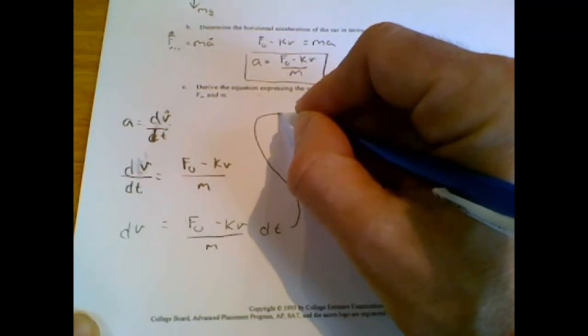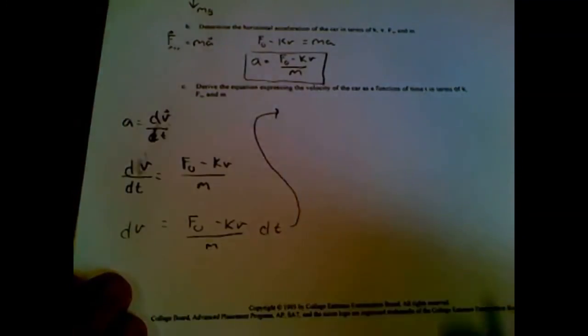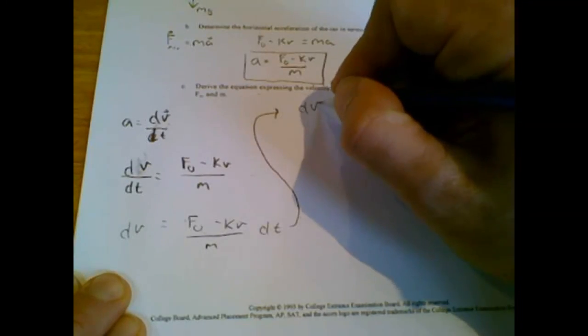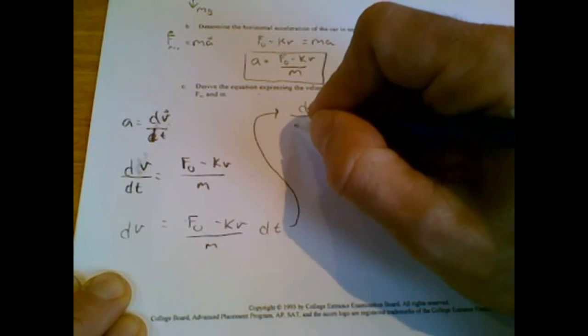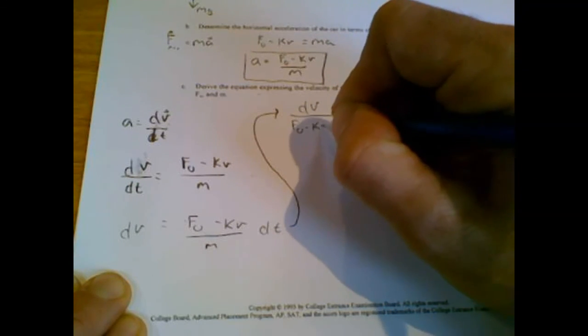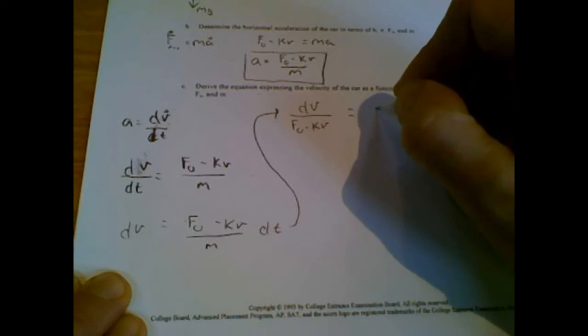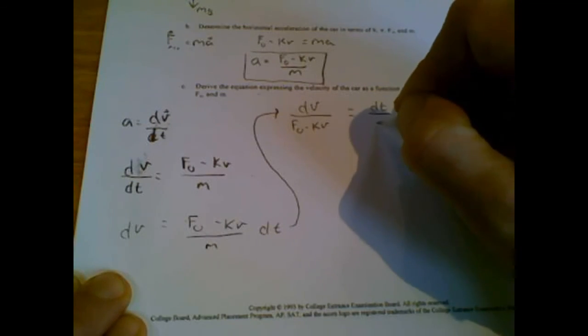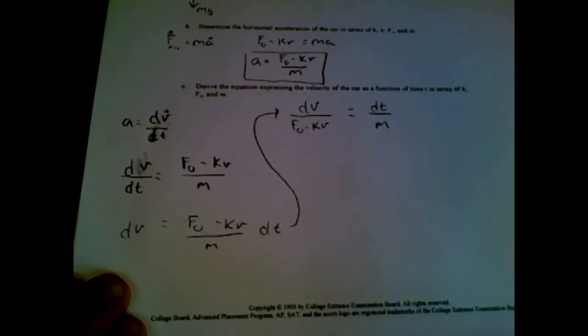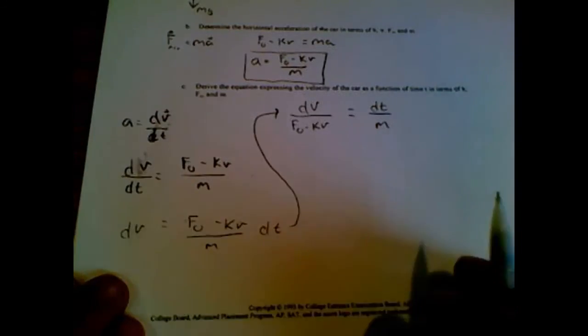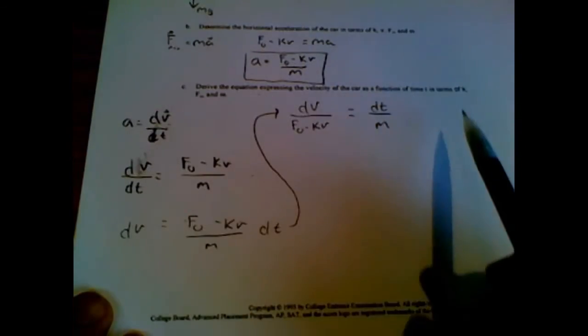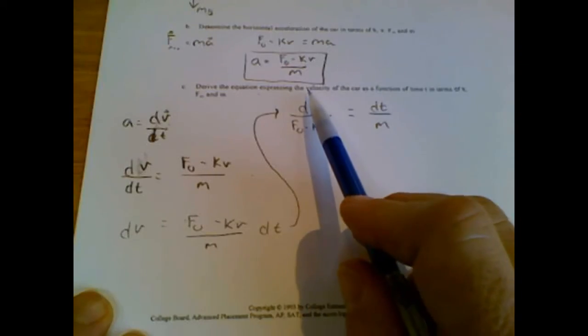I do have more paper behind this because I thought this was going to be long. I have dv over F naught minus kv equals dt over m, or you could also say 1 over m dt.